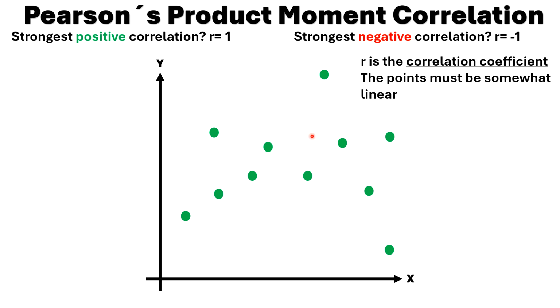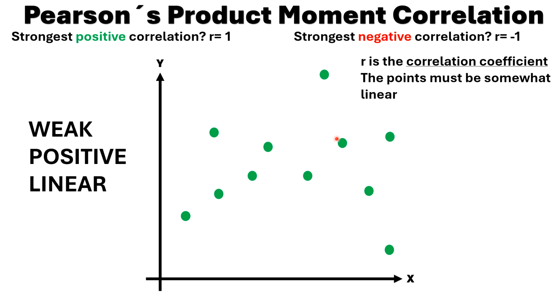So in this case, we have a weak positive and linear correlation. This means that r is going to be something like 0.3 if we make an estimate based on what it looks like. If the points were perfectly lined up in a perfect straight line, the correlation would be r equals 1.